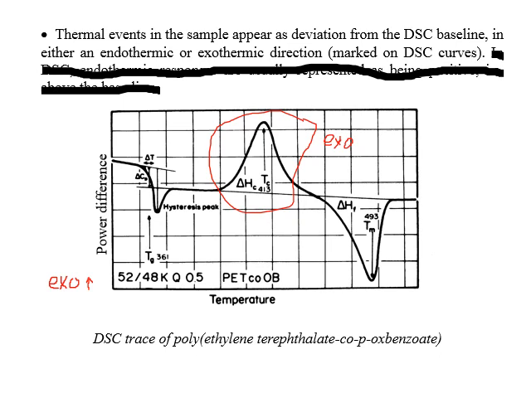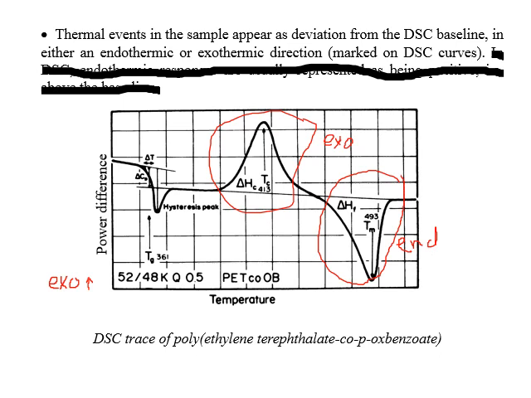Then as we move down the DSC curve, we get to an endotherm. And I think we've actually asked this before. What is melting? Is melting exothermic or endothermic? Obviously, by exclusion, we know that melting is endothermic.